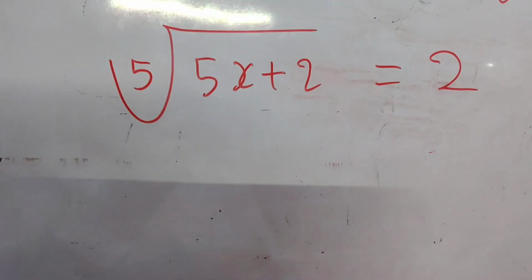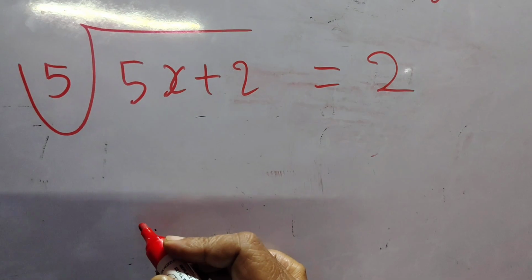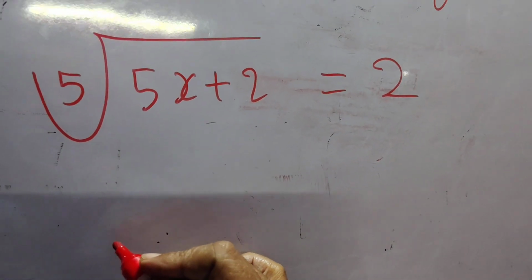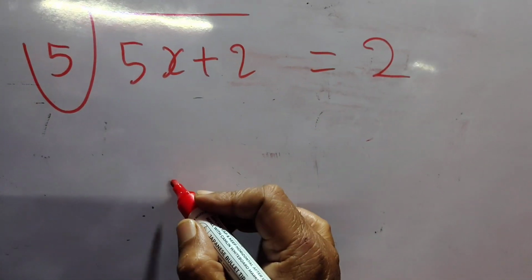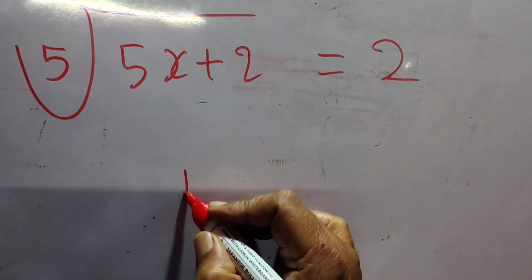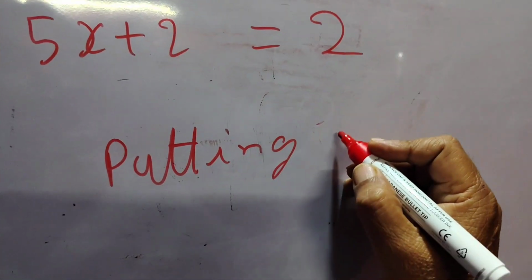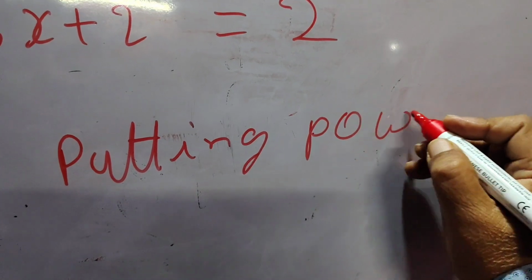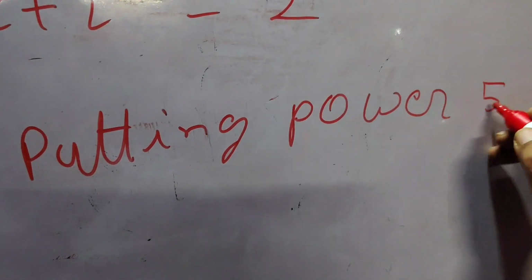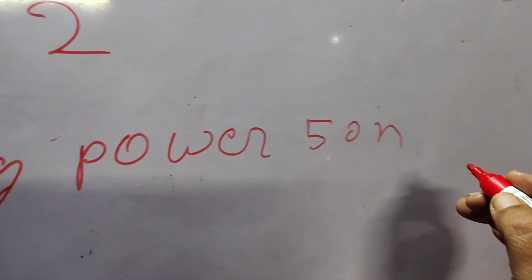So here we'll put power 5 on both sides.